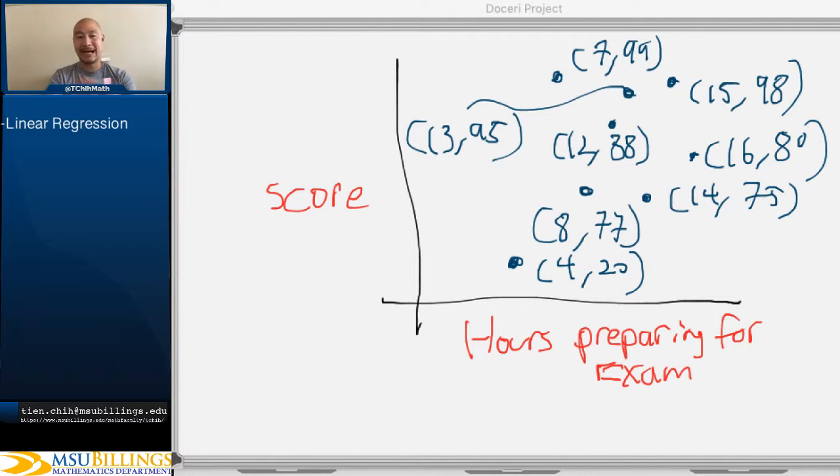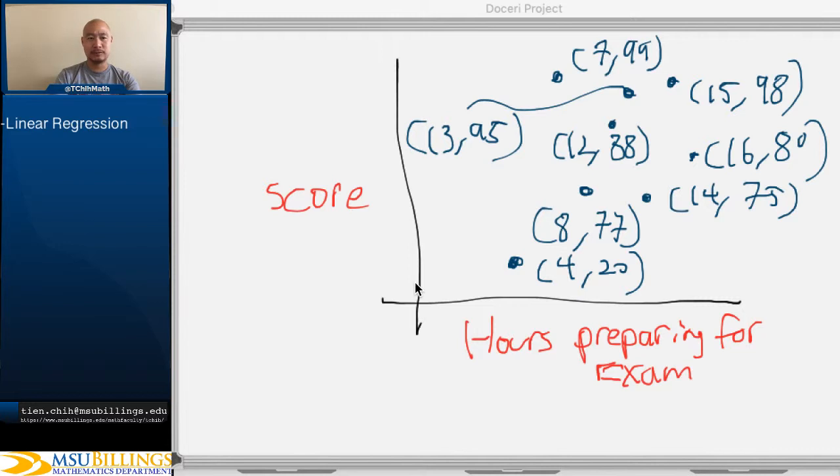All right, so we have all of these students and they have all of these scores. It's a pair of values which makes a point in the 2D graph. So you can think of this as being x values, the hours preparing for an exam, and the score they got on the exam is the y value.